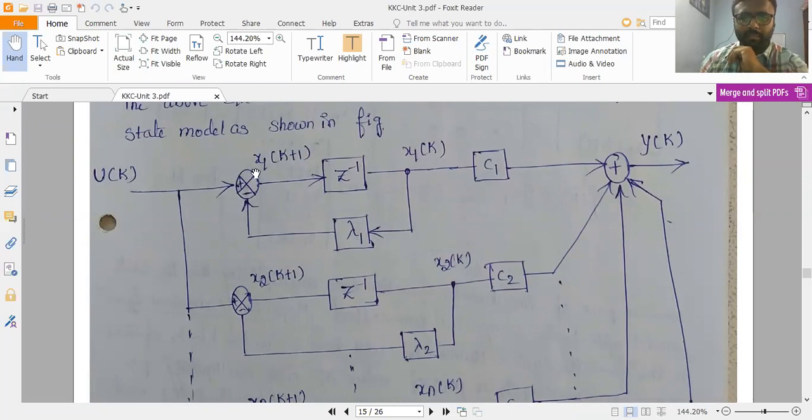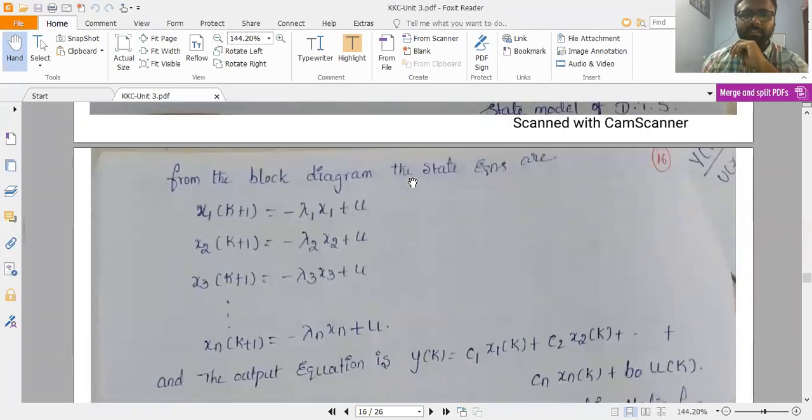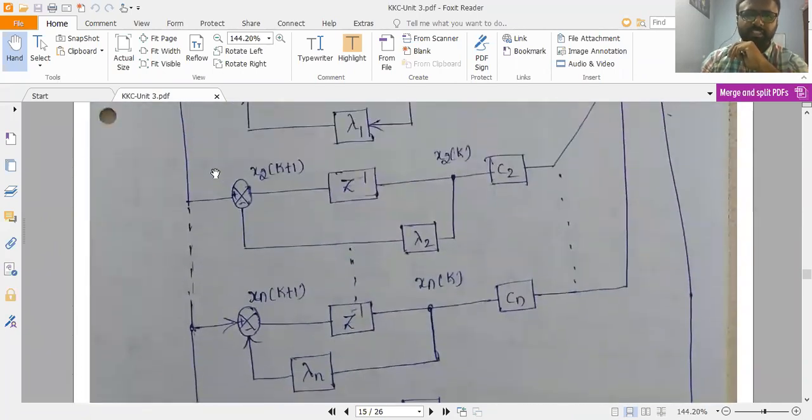What are the two points connected to the summing position? x1 of k plus 1 is equal to u of k minus lambda 1 into x1 of k. So we have written the equation that way. x1 of k plus 1 is equal to minus lambda 1 into x1 of k plus u of k, and similarly for x2 of k, the summing position is x2 of k plus 1.